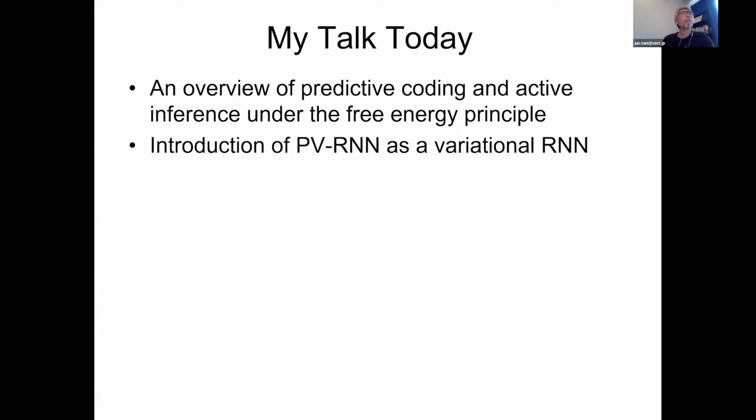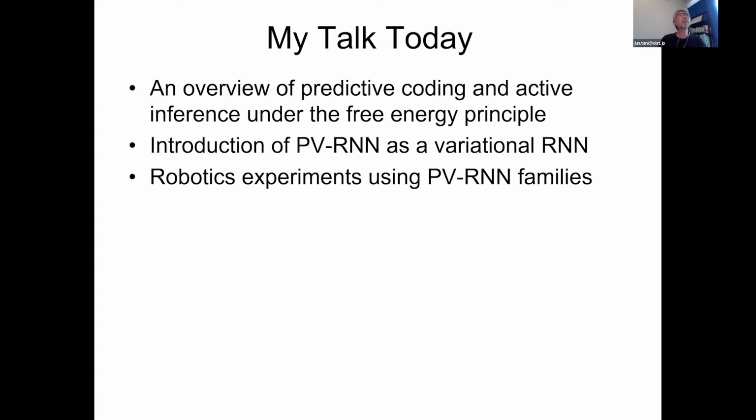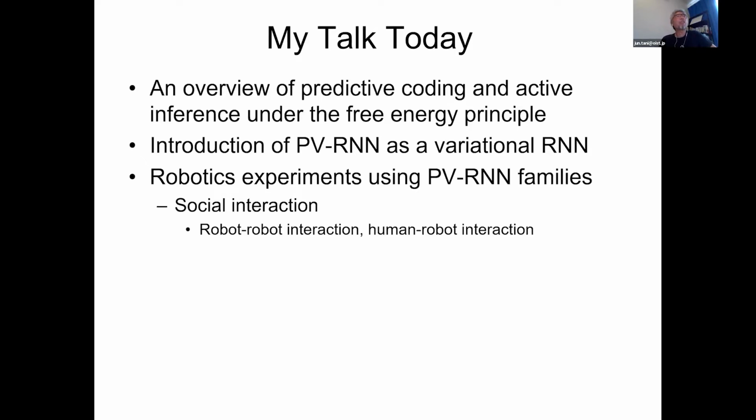Then we're going to introduce a particular recurrent neural network, a variational recurrent network, a tool to implement the idea of predictive coding and active inference, and show some robotic experiments using this model.